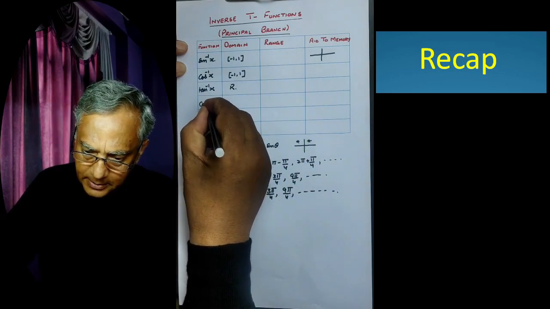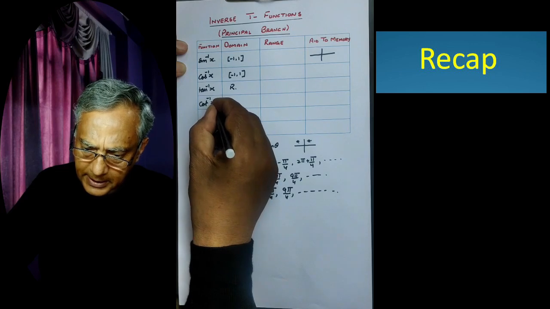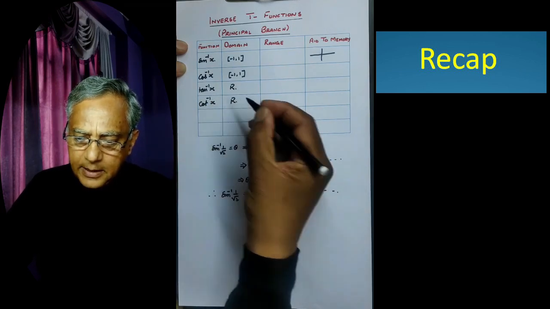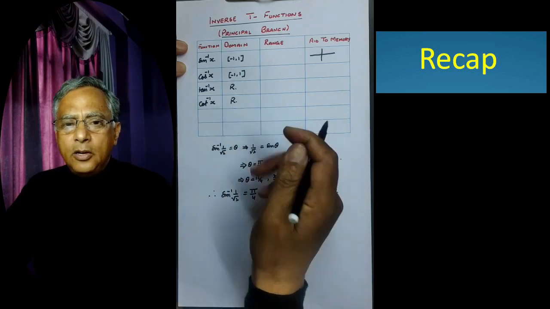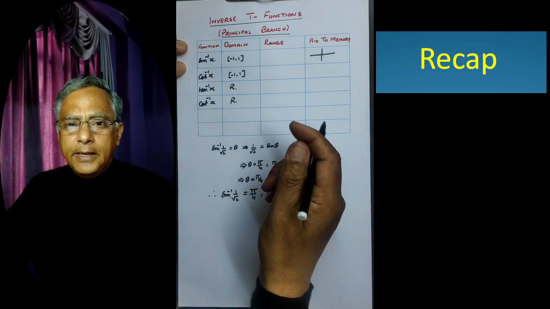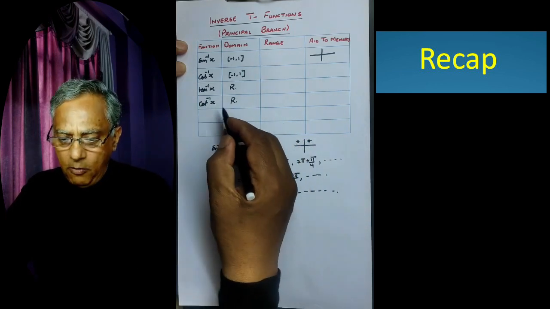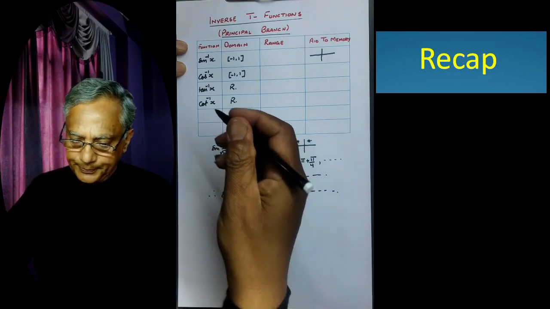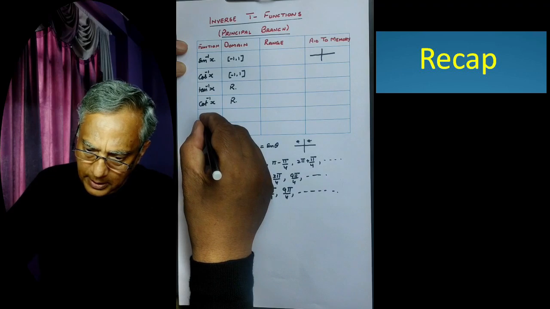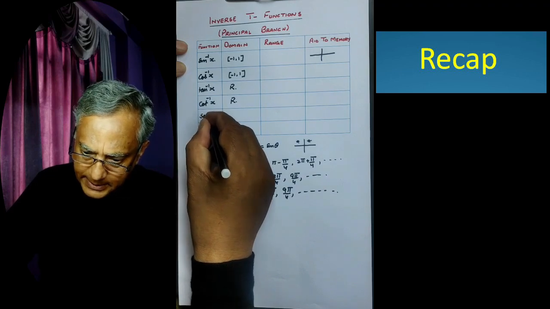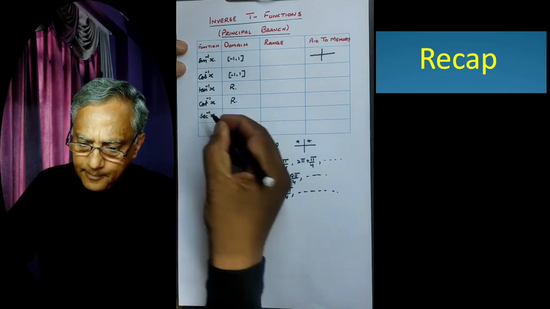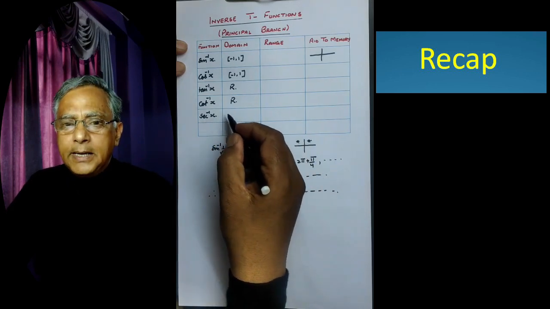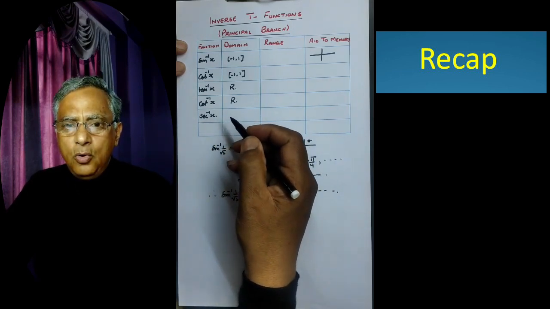Cot inverse x. For cotangent, again the range is the whole real line. Cotangent of 0 is infinity and cotangent of pi is minus infinity. So secant inverse x. Now we know the mod of secant theta is always greater than or equal to 1.